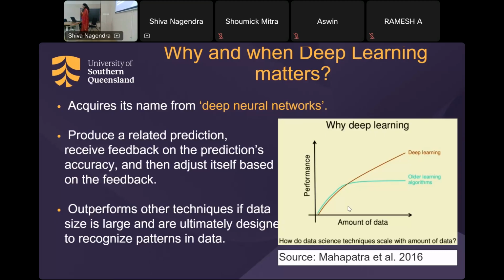So why does it matter? Some of you must have worked on deep neural networks or neural networks, and they have gained widespread attention due to several benefits. The benefits are high forecasting precision and non-linear mapping. These models are more efficient compared to our numerical models. There are some advantages, but there are some disadvantages also.